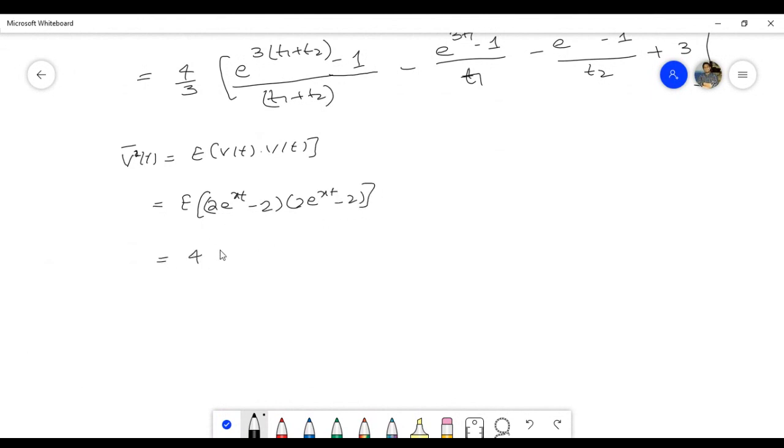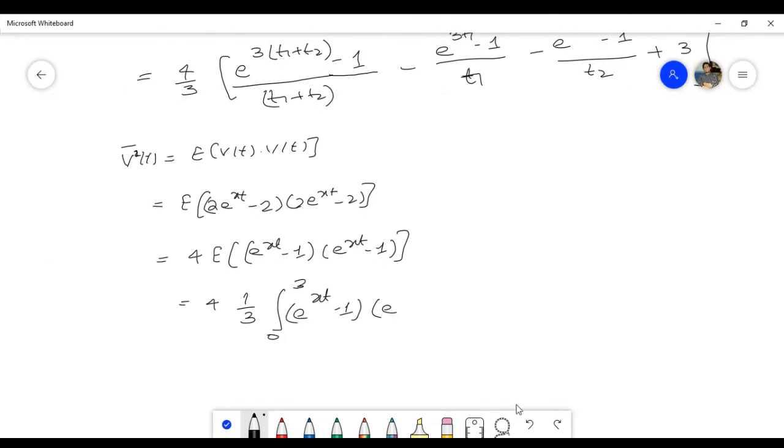It will be 4 expected value of e power xt minus 1, e power xt minus 1. It will be 4, 1 by 3, 0 to 3, e power xt minus 1 into e power xt minus 1. You can just try the square here.